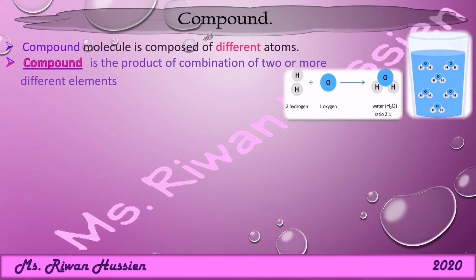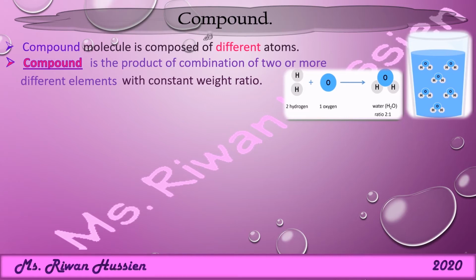The change in this ratio between hydrogen and oxygen atoms will result in a completely different compound. So, we can say that the compound is formed with constant weight ratio. So, compound is the product of combination of 2 or more different elements with constant weight ratio.